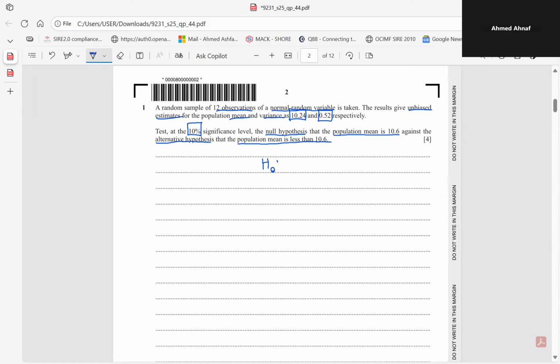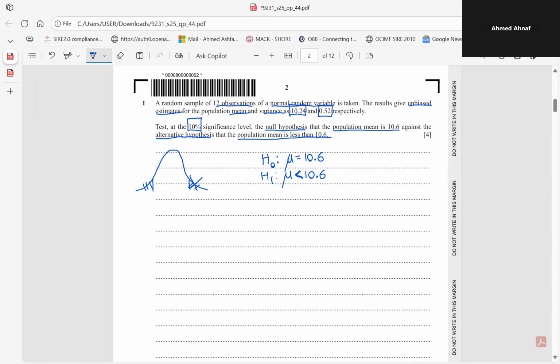H naught states that the population mean, let's call it mu, is equal to 10.6, and the alternative hypothesis states it is less than 10.6. Since we're only focusing on the lower end of the tail, and not this region, this is only a one-tailed test.